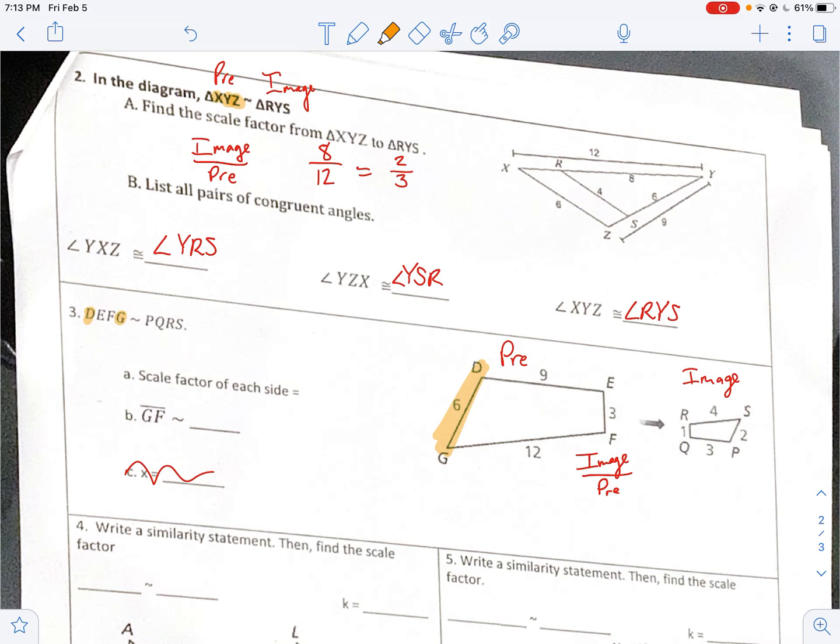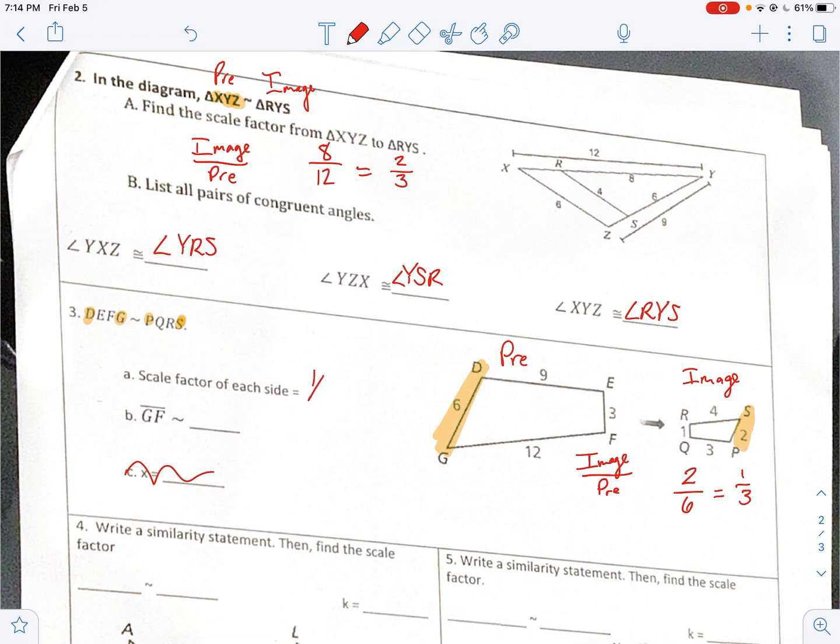And then use that side to find your image length and find your scale factor. Okay, so DG corresponds with PS. So image over pre-image is going to be 1/3. So my scale factor is 1/3.